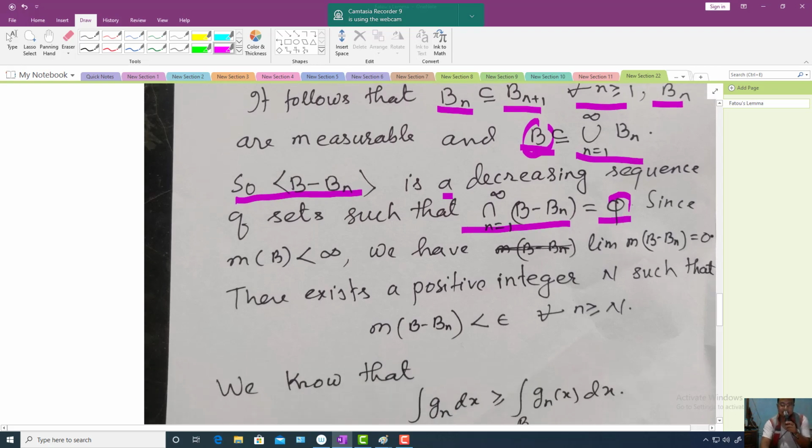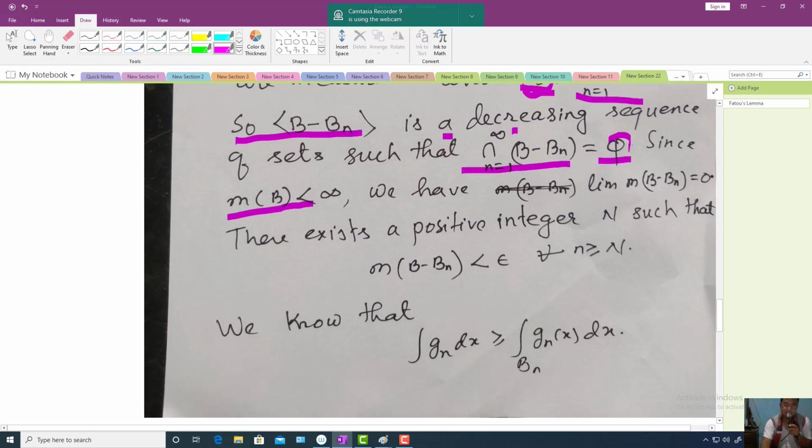So again by the result we did earlier, the measure of B is finite. Therefore, the limit as n tends to infinity of the measure of B difference Bn is equal to the measure of this intersection, but this intersection is empty, so it is 0. That means the limit as n tends to infinity of the measure of B difference Bn is equal to 0.